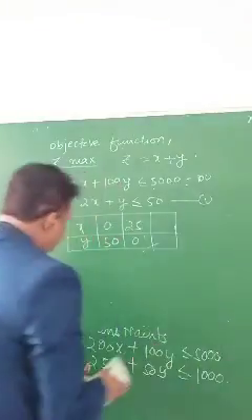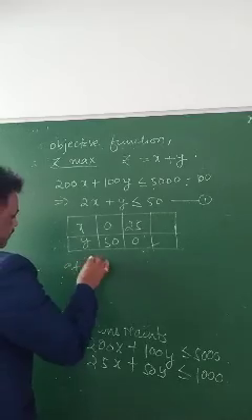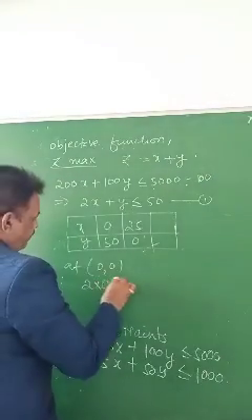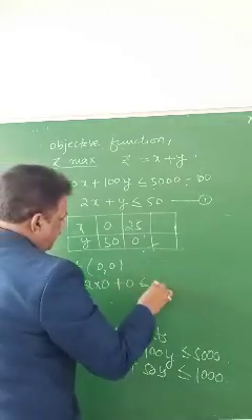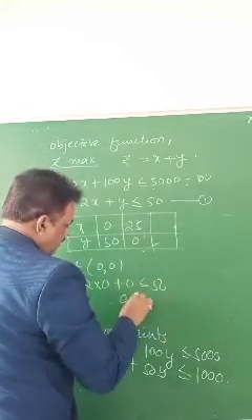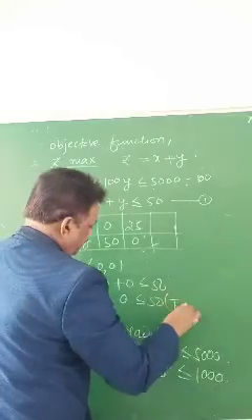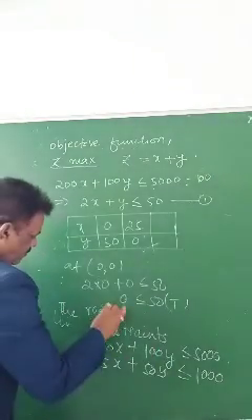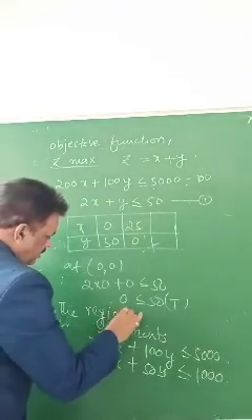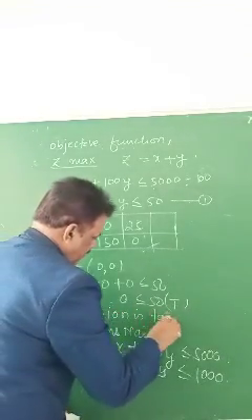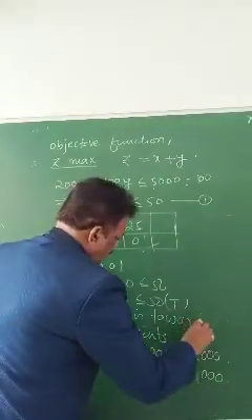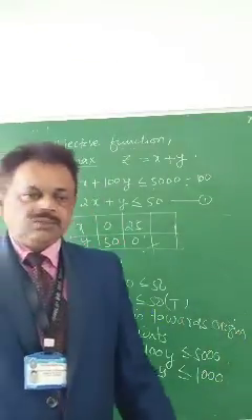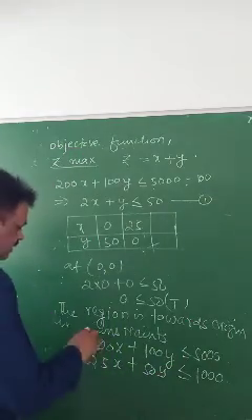Verify at 0, 0: 2 into 0 plus 0 less than 50, so 0 less than 50 is true. The region is towards the origin. The first equation is solved.